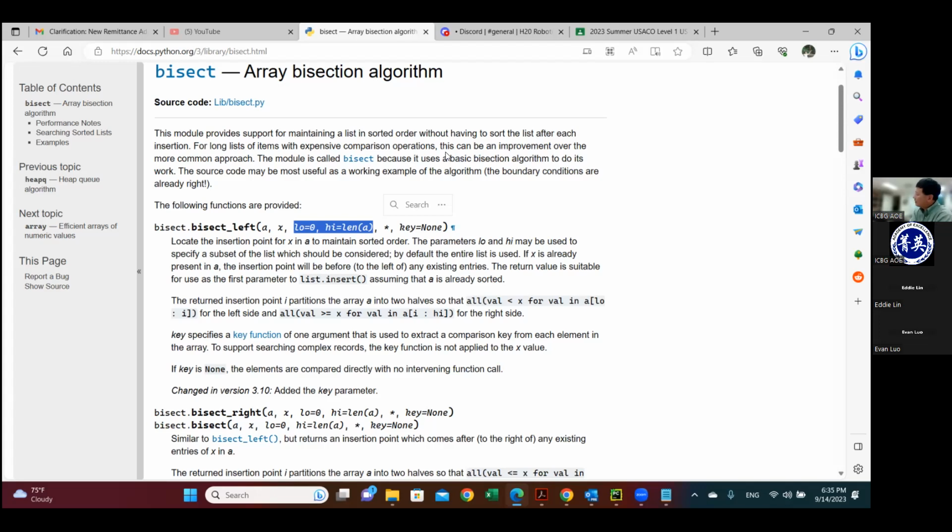Any question, Eddie? No, Evan, sorry. So how about you, Evan? No, I don't have any question. So you both think that this function will help us solve the problem. It does most of the work for us.